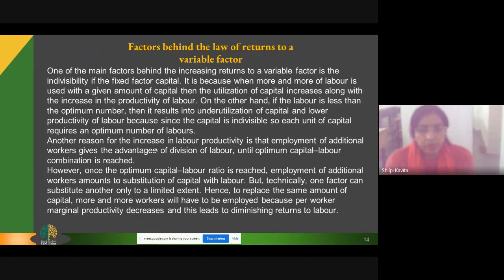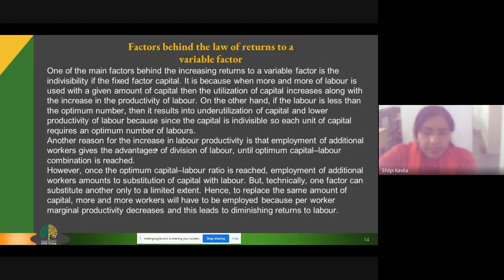Suppose in the example I gave, 100 acres of land is there, and we are applying 100 laborers, with whose help only 50 acres of land is being cultivated. In that case, if we increase the labor, more land will be cultivated and you will get increasing returns, that will increase the production. So this is the reason for the increasing returns.